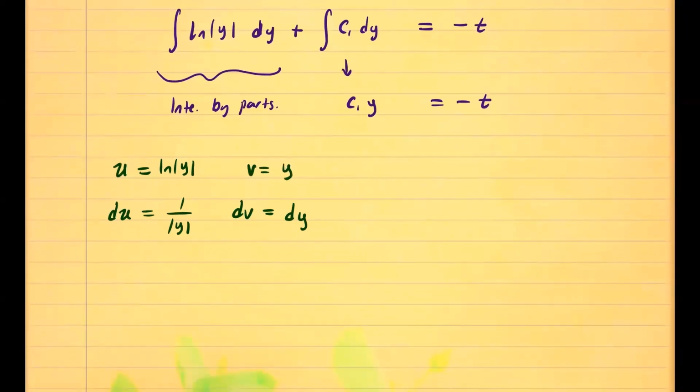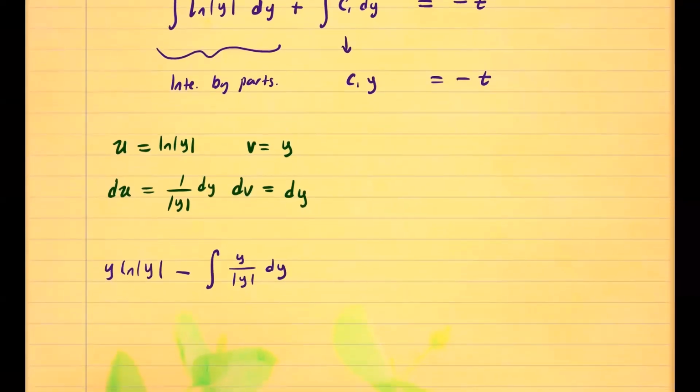So now using the integration by parts formula, this becomes u times v, so y ln of absolute value of y, minus the integral of v du. So that's y over absolute value of y dy. I did forget to write dy right here. All right, so now we're going to finish up this integral.